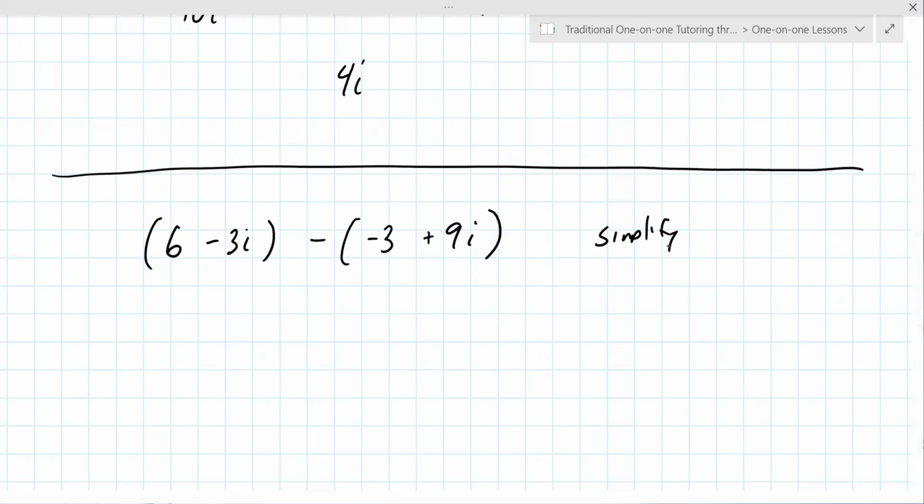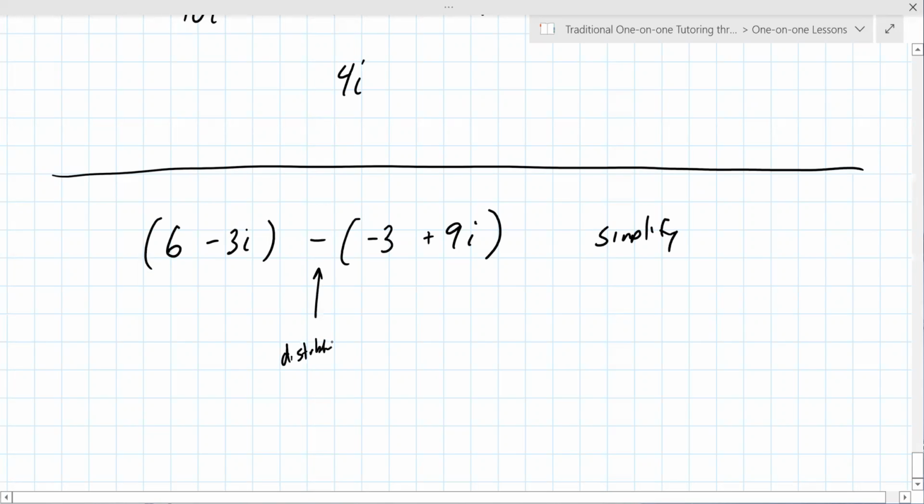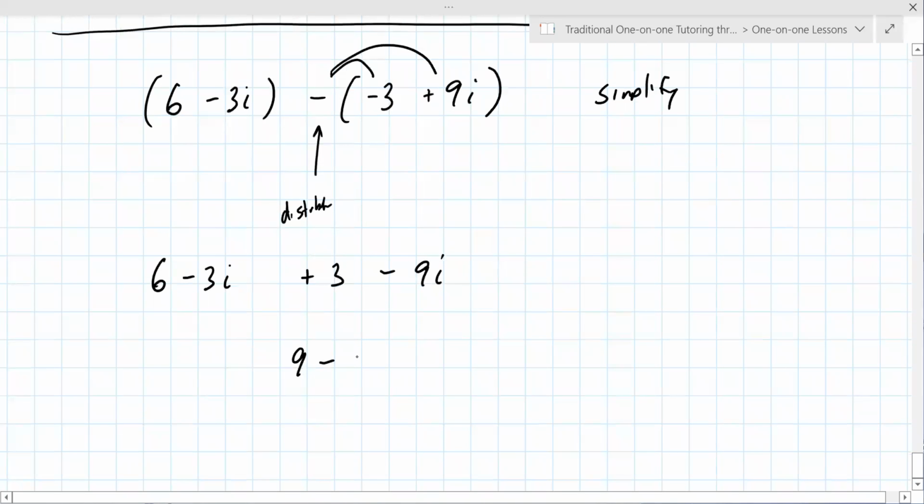Yes, I do. Do you want to give this one a shot, or do you want me to show you how to do it? Maybe you should do one first. Okay, so the key here is to distribute the negative to both terms. On the left, the parentheses are no longer needed. Plus 3 minus 9i. So that's 9 minus 12i.